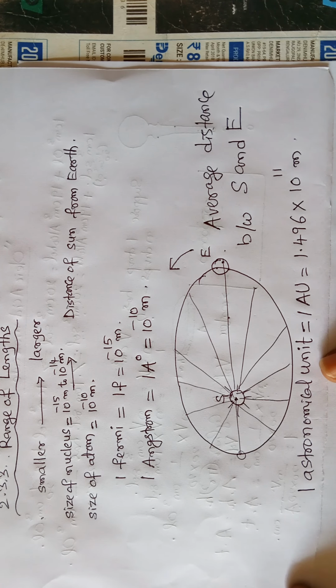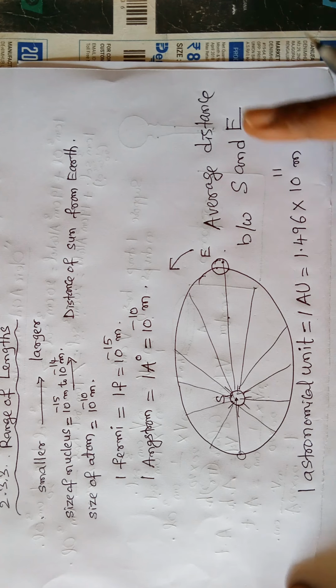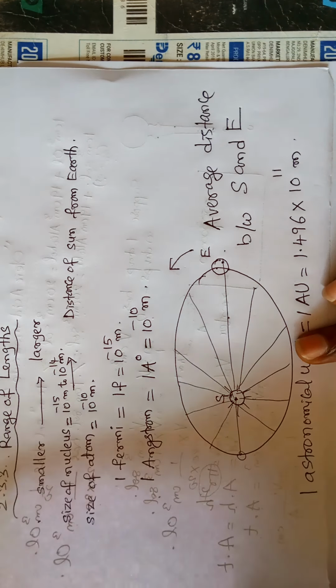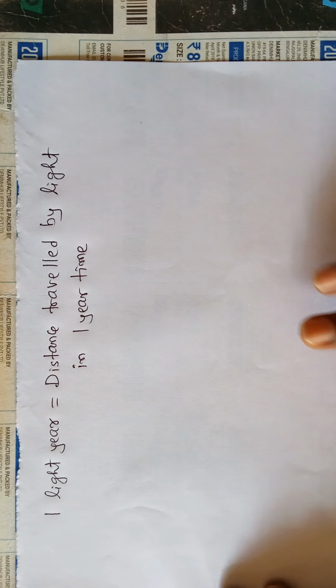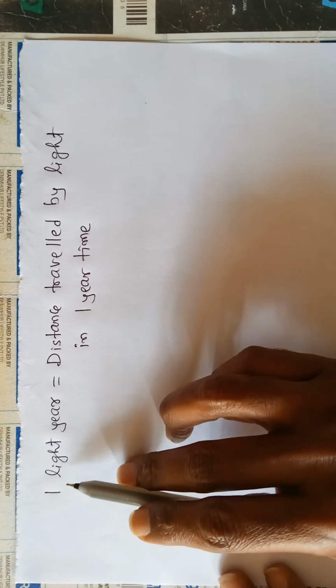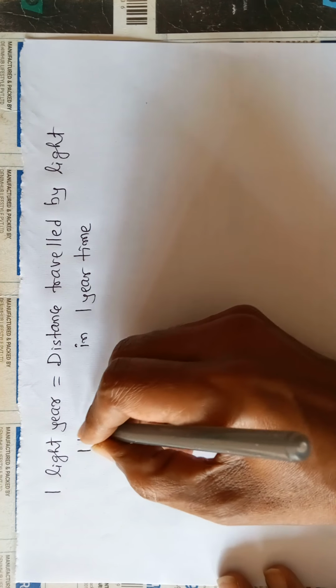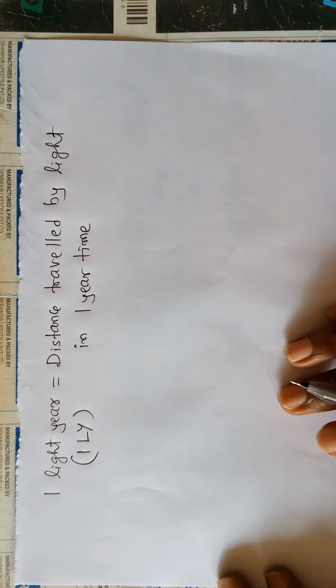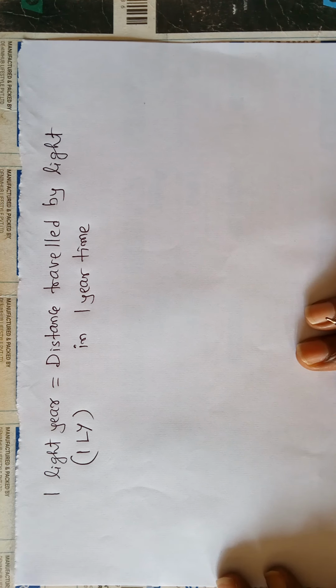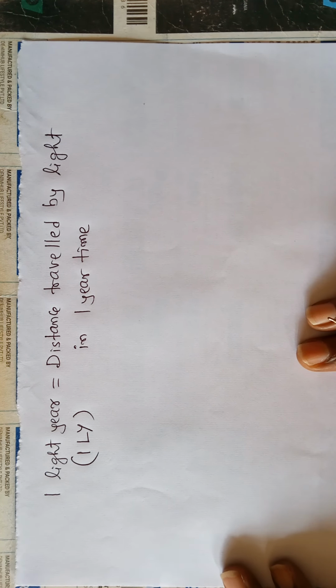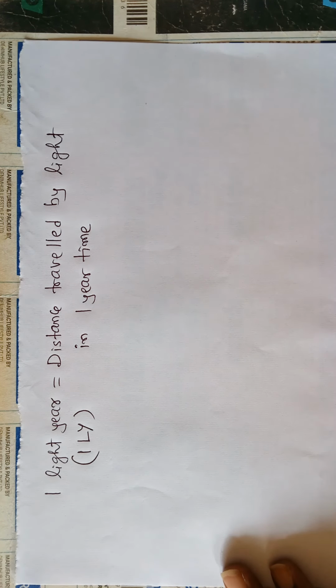See, astronomical unit is a larger unit, and it is defined as the average distance between sun and earth. Similarly, another larger unit is called 1 light year, and it is represented by 1 LY. And 1 light year is defined as the distance traveled by light in 1 year time.